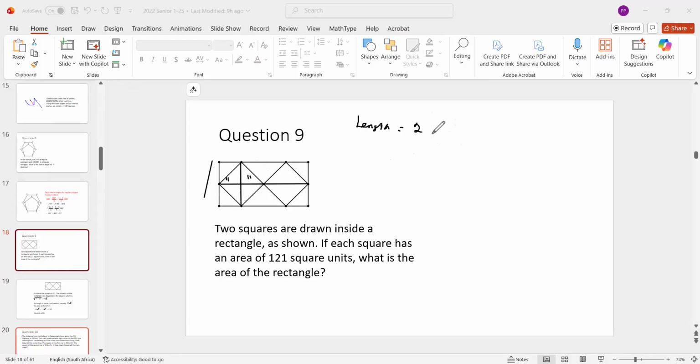Let's call that D. So the length is twice D, and the breadth is just D. And therefore the area is 2D squared.